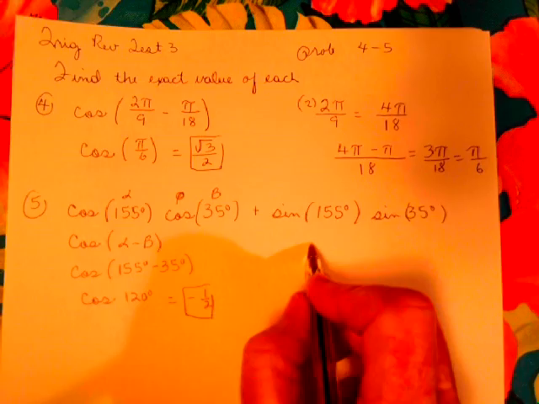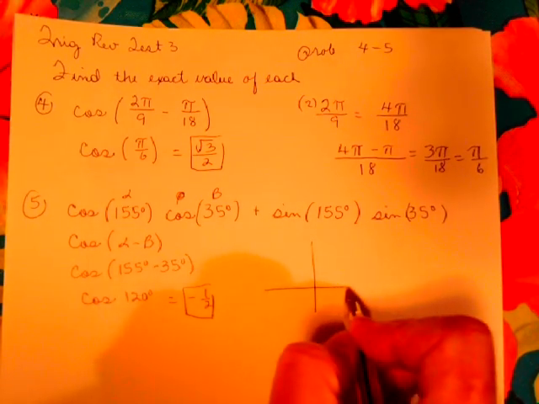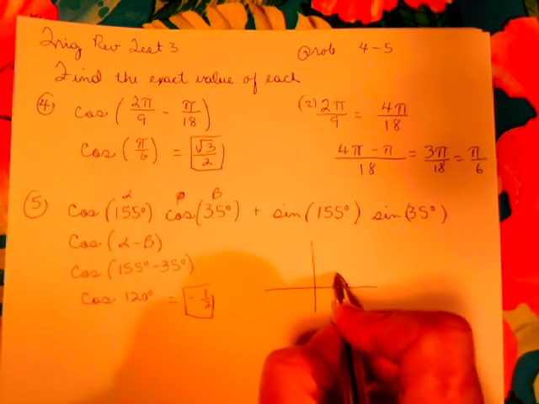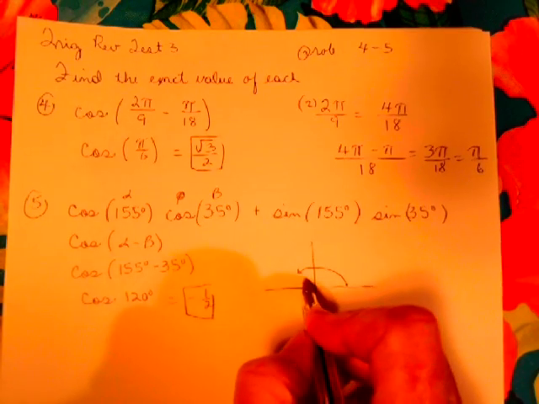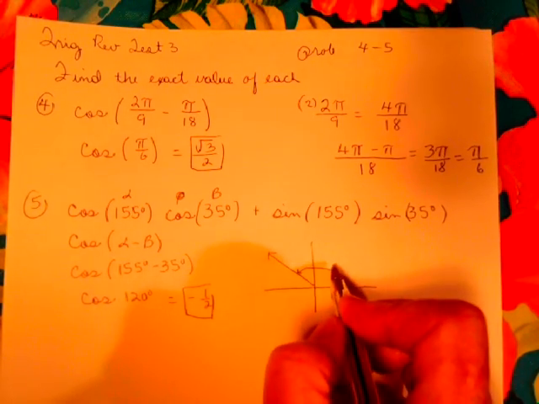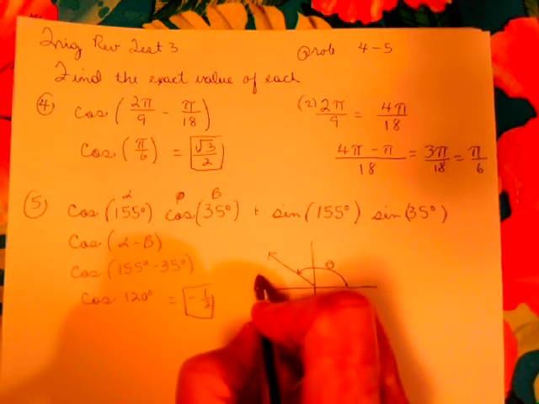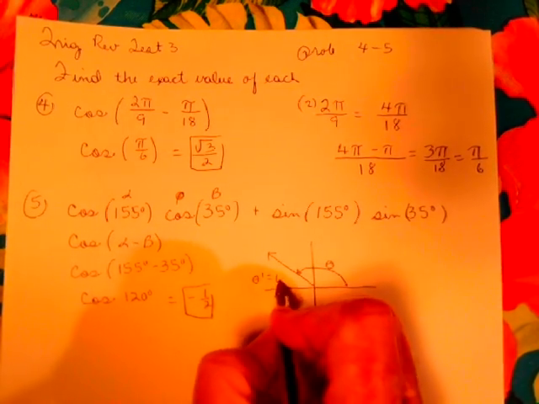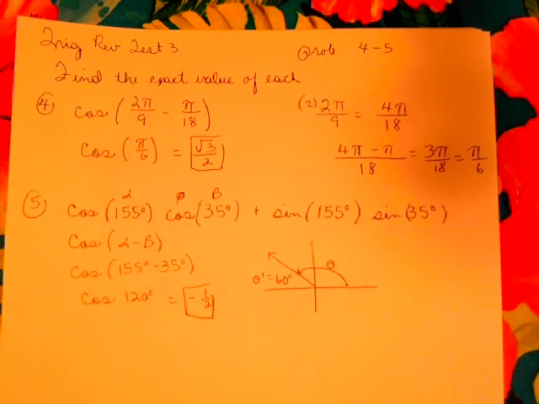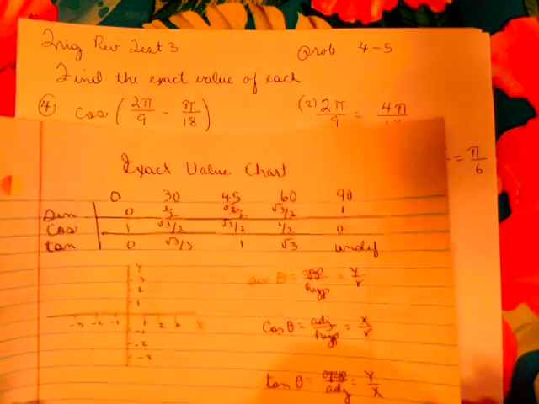If you're doing this by thinking of where this terminal side of this angle is, 120 degrees has a terminal side in quadrant 2. Theta prime is 60. Cosine is negative in the second quadrant.